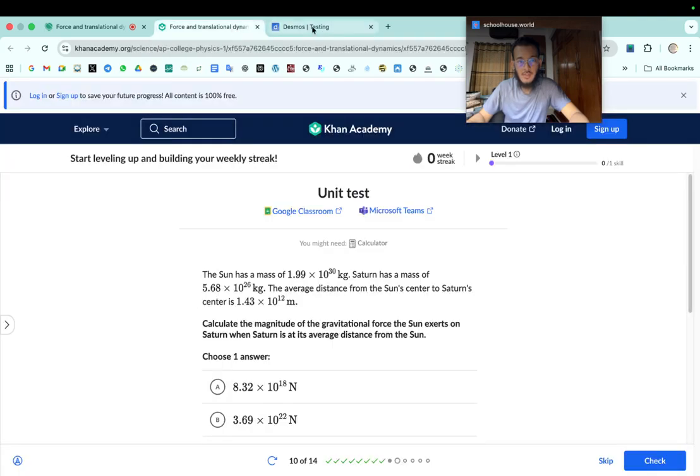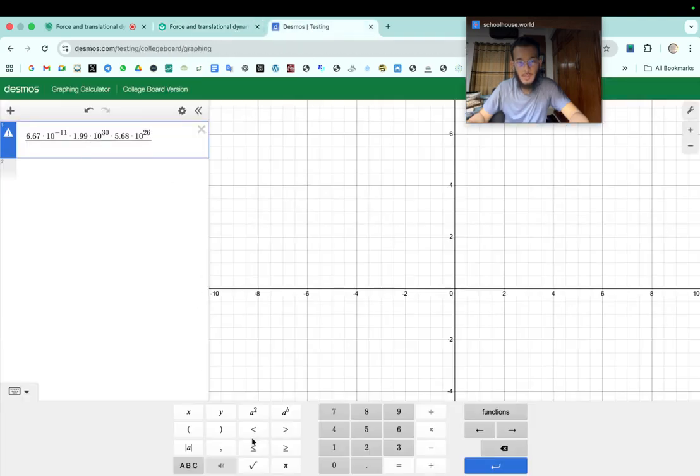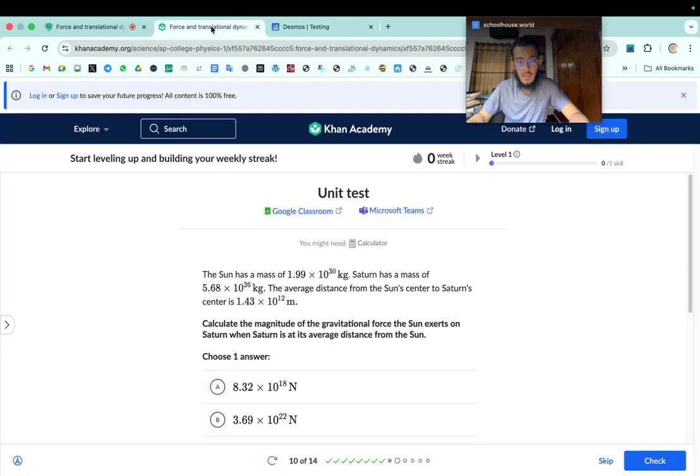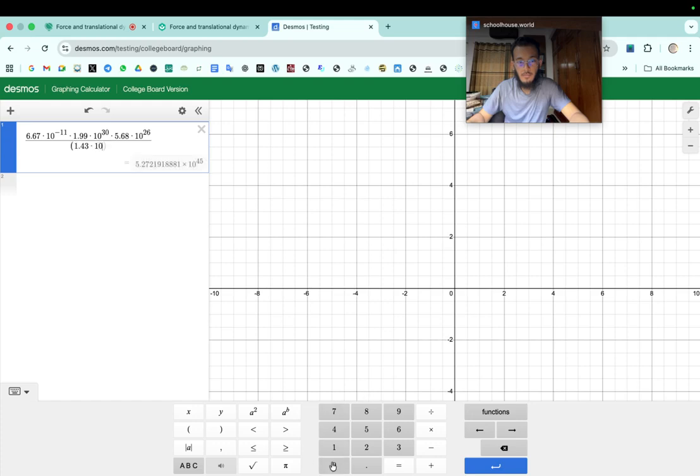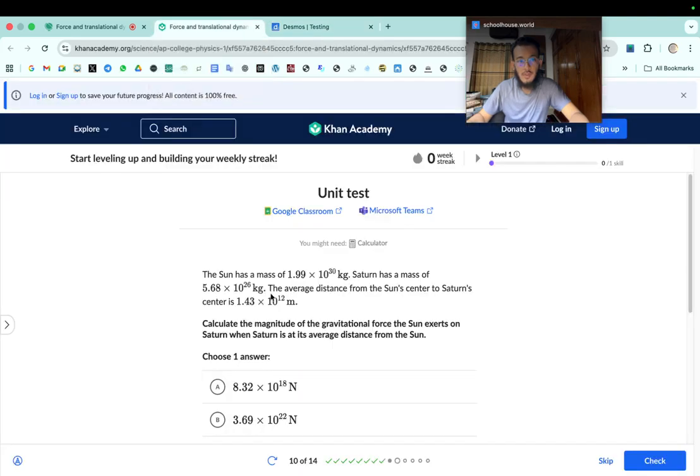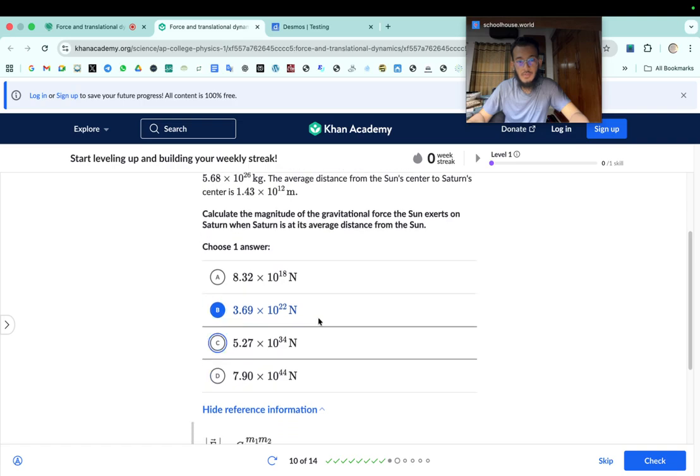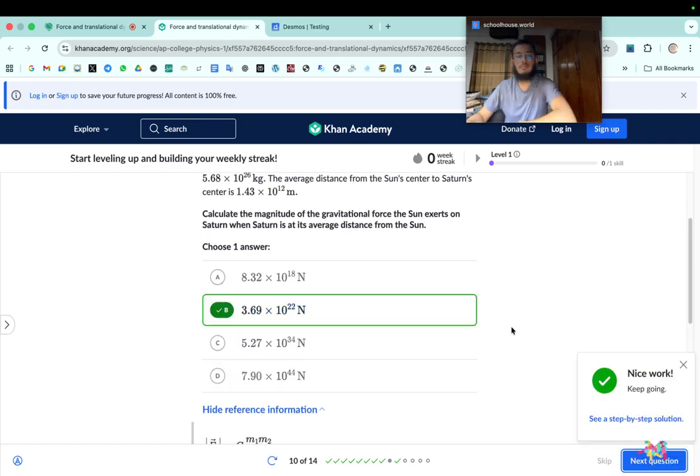So the average distance is 1.43 times 10 to the power 12, and we have to square that. All right, it's 3 point something times 10 to the power 22. This is our answer. All right.